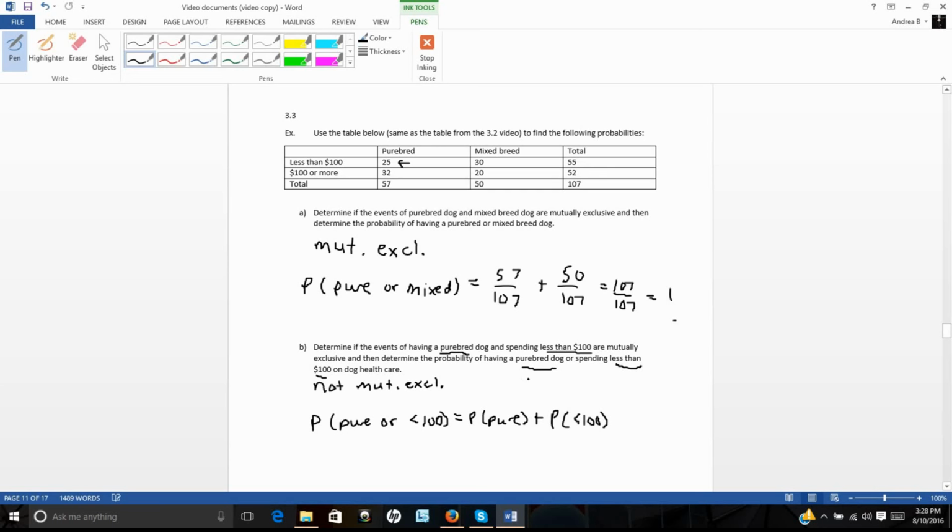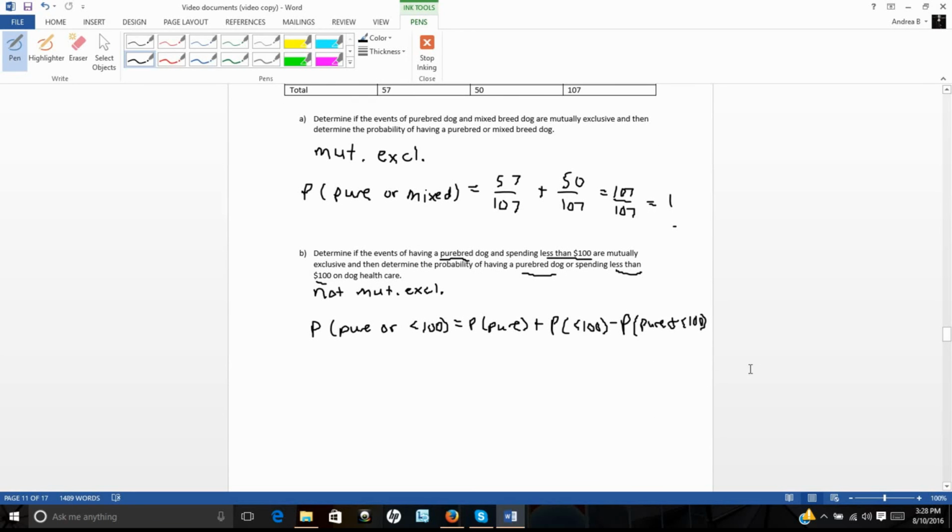But because they have something in common, because there are some values that are purebred and less than $100, we have to subtract off that value. So we have to subtract off the probability that it's purebred and, so I'm going to use this little symbol here for and, less than $100. So we still add together the two separate probabilities, but we also have to subtract off the intersection, what they have in common, so that way we're not counting it twice.